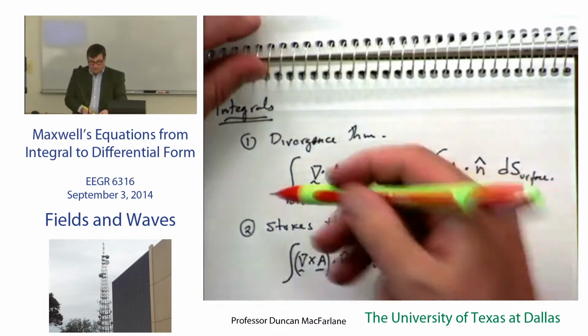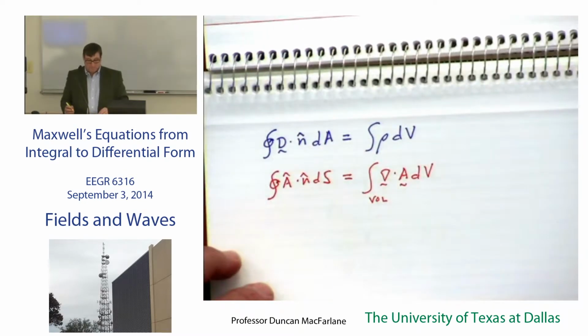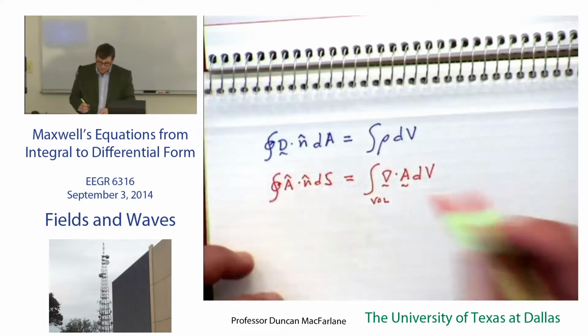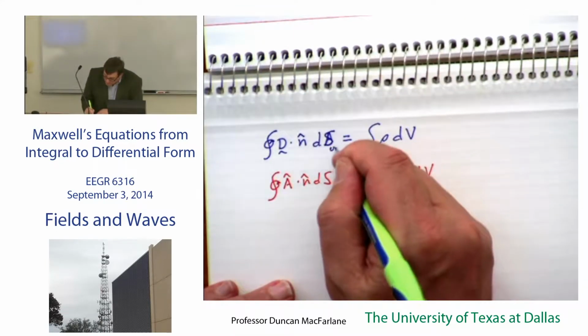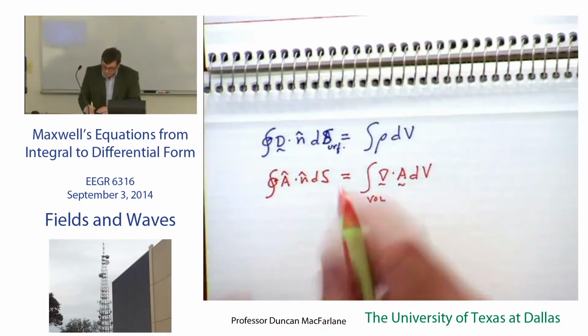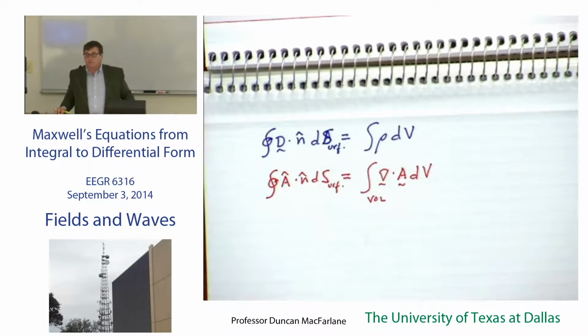So what I've done is I've written down my divergence theorem in red. My notation is horrible, and I apologize for that. Let me change this just a little bit to surface. And now there's no hiccup between the S and the A.